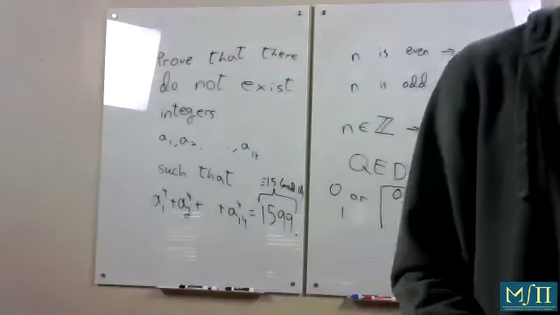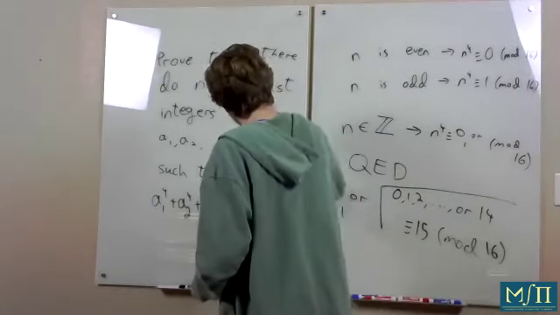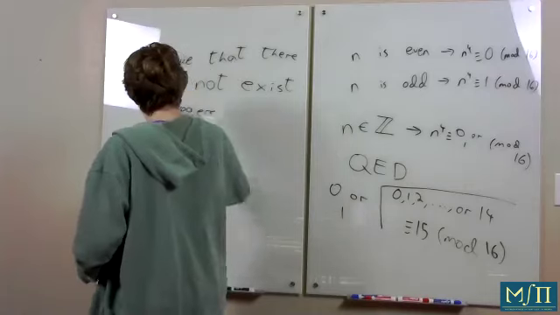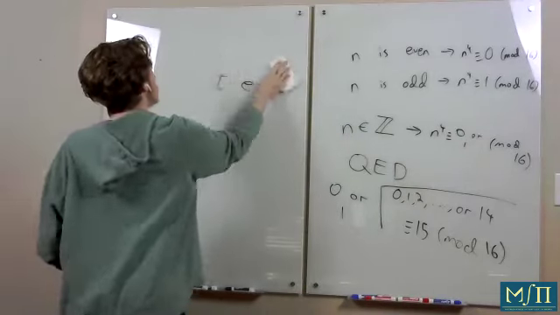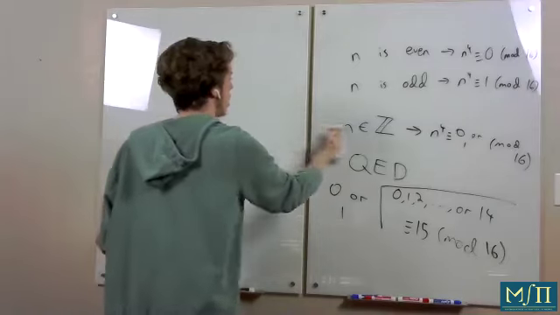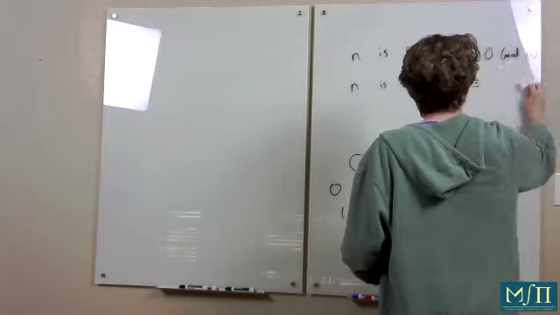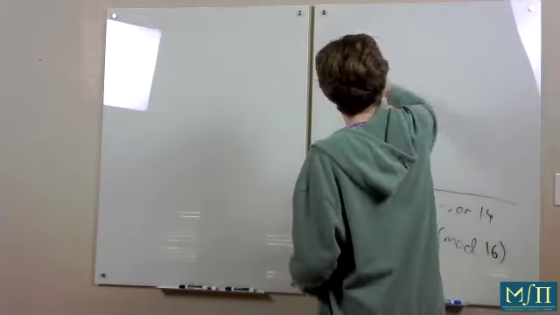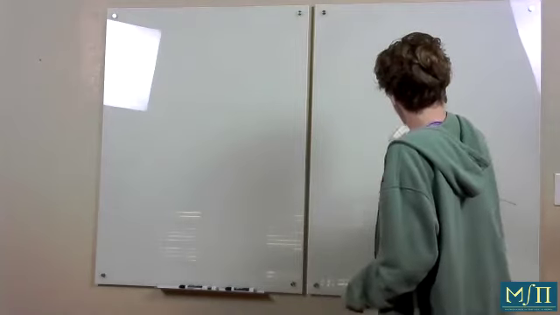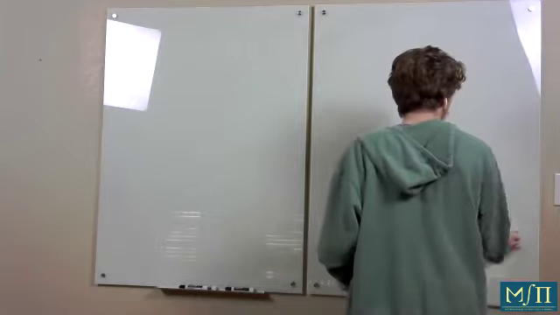Okay, so someone asks to move on to the next problem. So yeah, let's move on to the next problem. This one was again from a contest that also didn't require proofs.